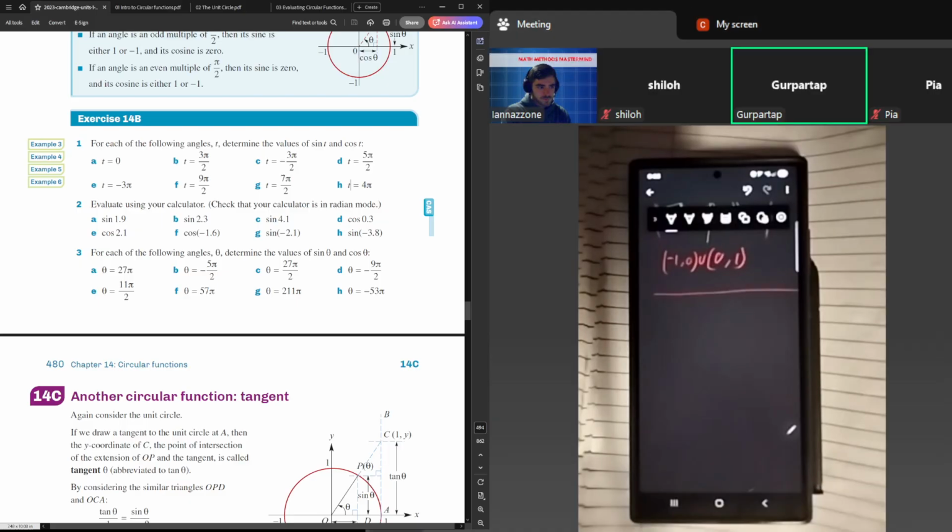Is it just 270 degrees? 270 degrees, I believe so, yeah. Now the question becomes, what are the sine and cos at that spot?